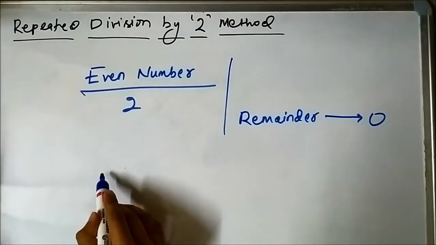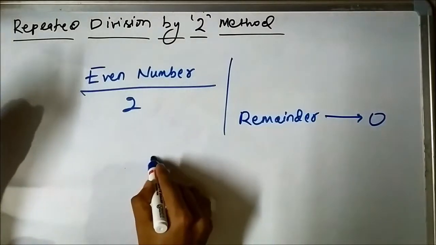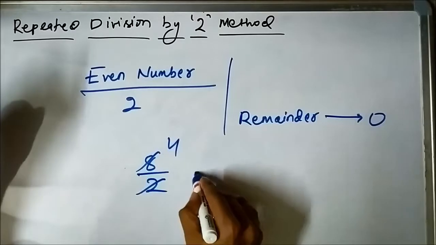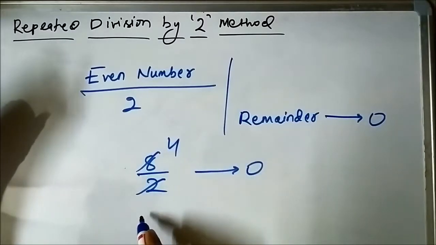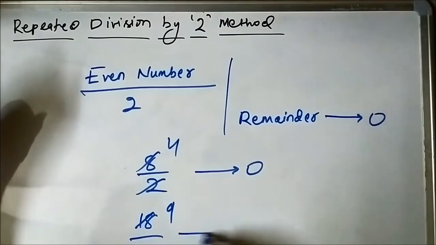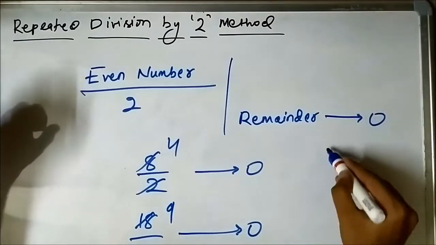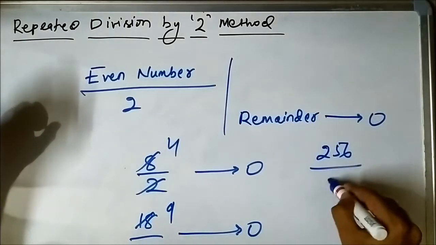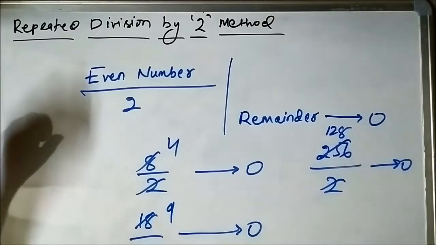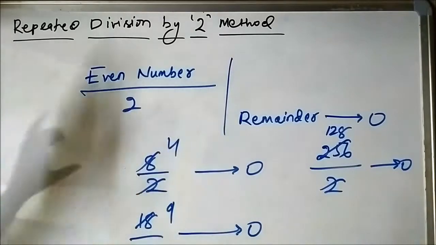For example, if we divide 8 by 2, it will be 4 and the remainder is 0. If we divide, let us say, 18 by 2, the quotient is 9 and the remainder is 0. 256 by 2 is 128, the quotient, and the remainder is 0, and so on.